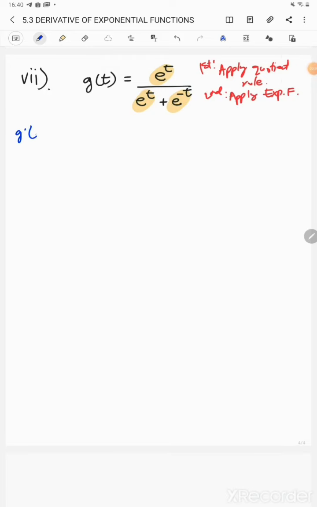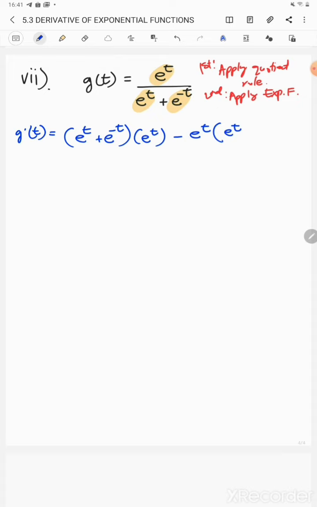To solve this, g prime t is equal to, remember the formula, g f prime, differentiate e power of t, we get the same thing, e power of t, minus g f prime, and then differentiate this part. Remember step by step: differentiate e power of t, we get the same thing, e power of t.